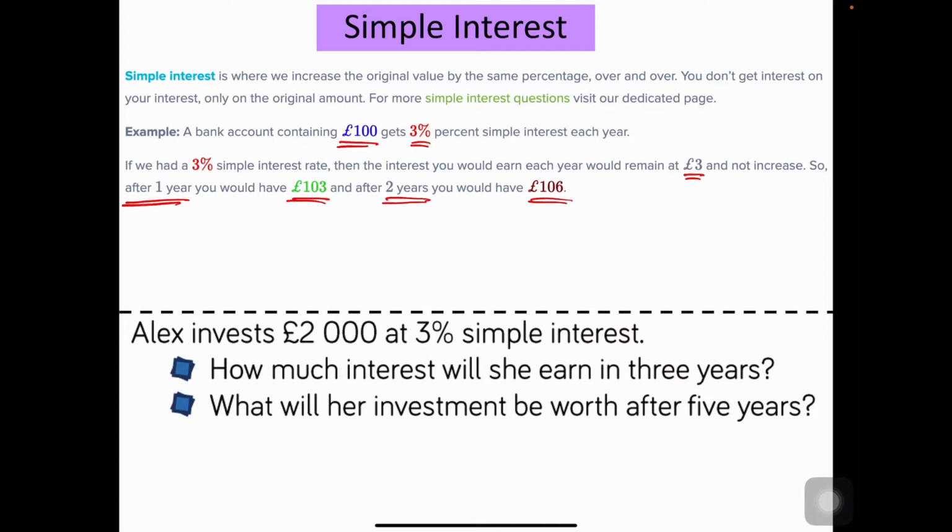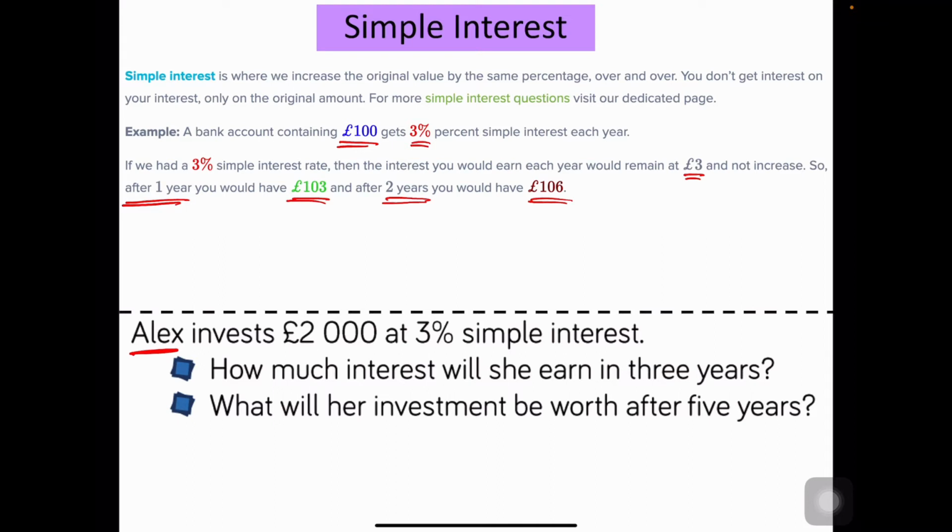So using this logic, please try to answer the question on the screen. The question at the bottom: Alex invests £2,000. Try to answer that question. Okay, so Alex invests £2,000 at 3% simple interest.